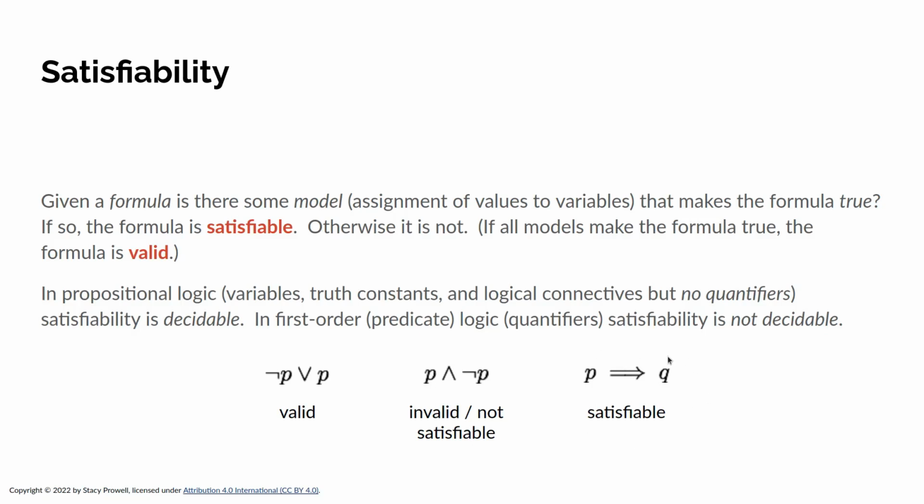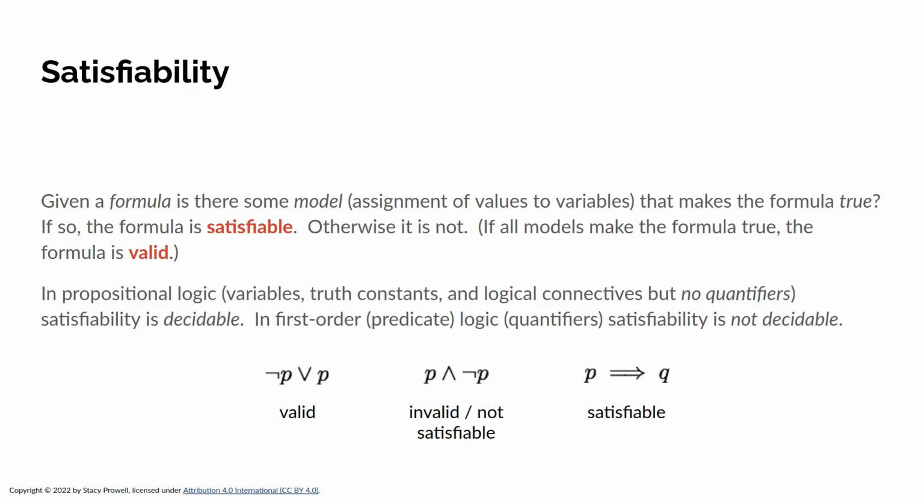So in propositional logic, where we just have variables and truth constants and logical connectives, like you see right here below, but no quantifiers, satisfiability is decidable, which is great. It may not be easy, but it is decidable. We've already figured out that decidability doesn't mean easy, right? We've already figured that out with the previous examples. Decidability can be really hard, but it is decidable.